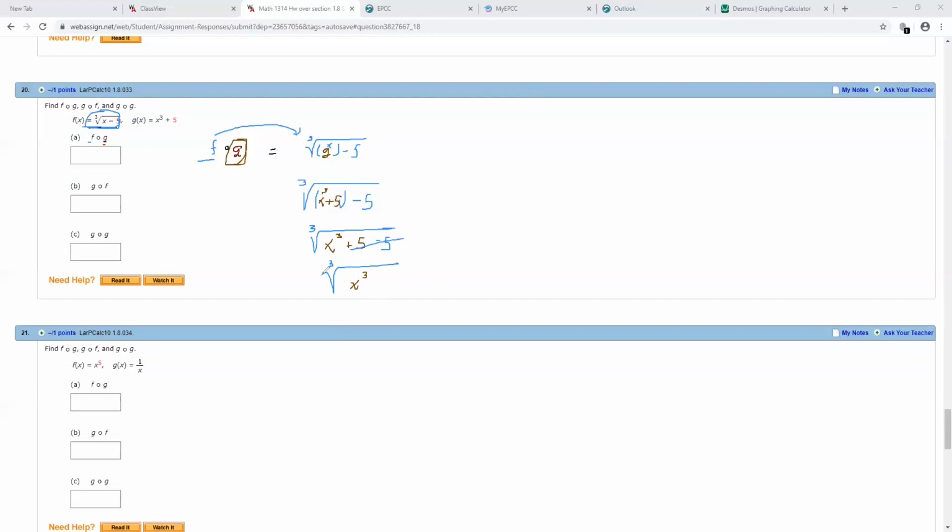But can this simplify somehow? Yes, because you're putting the powering function of 3, or the cubing function, into the cube root function. And these two functions are what of each other? Inverses. Very good.